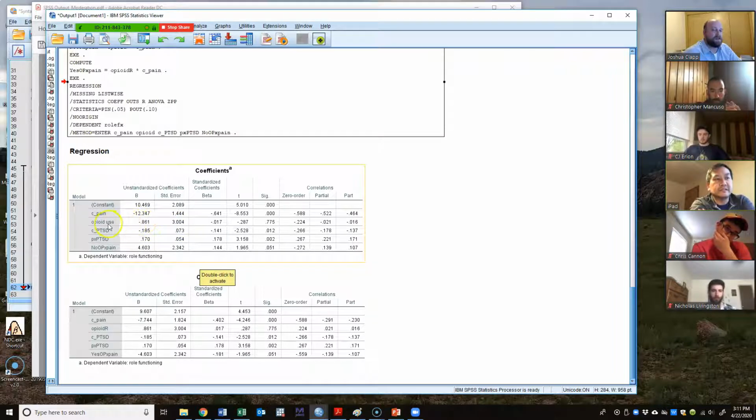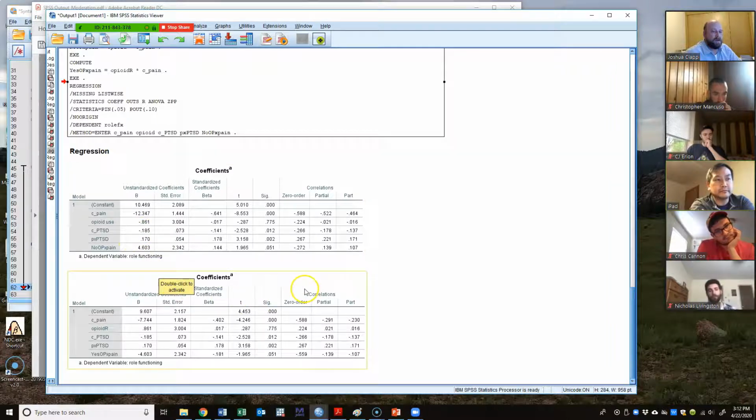And so this effect here is the difference between people using opiates and not using opiates, holding pain and PTSD levels constant at 0. So this is basically like an ANCOVA. This is literally the difference in functioning score for users and non-users, holding pain and PTSD constant at 0. And then what does this effect of PTSD correspond to, Sean?